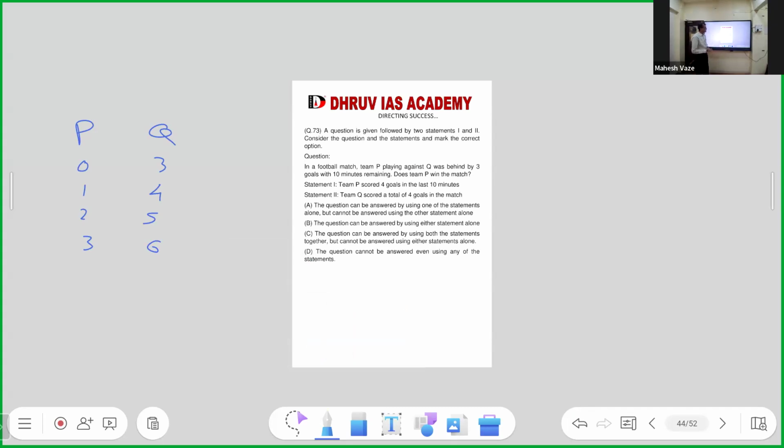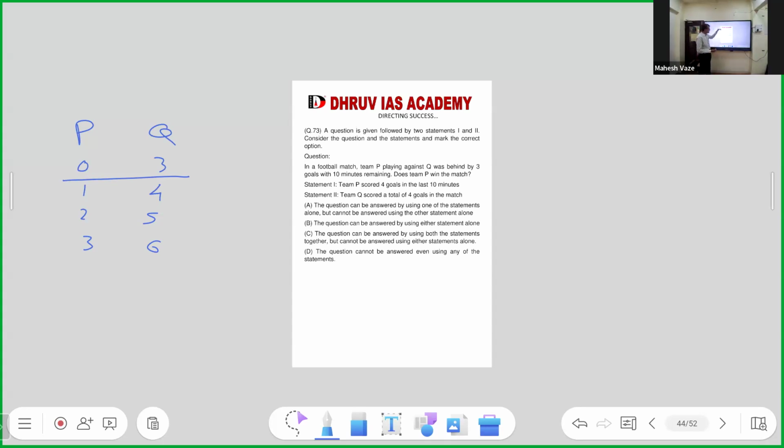Statement 1. P scored 4 goals in the last 10 minutes. That means if this is the situation, P was trailing by 3 goals, and Q has 3 goals. So if P scores 4 goals in the last 10 minutes, then the result will be 4 and 3. But here it is not mentioned whether Q has scored any goal in the last 10 minutes or not. So statement 1 alone is not sufficient to answer the question. Second statement, Team Q scored a total of 4 goals in the match.